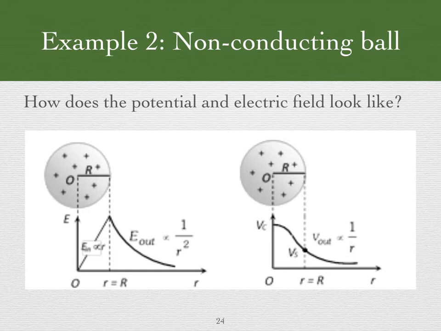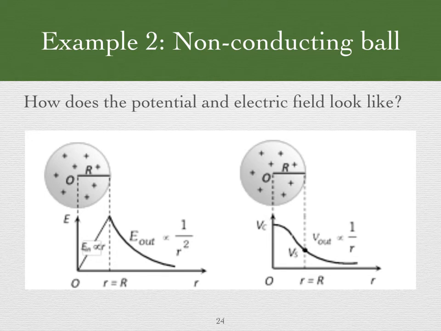But inside the ball, you can see the potential keeps increasing as we move from the surface of the ball to the center. It takes a lot more energy, a lot more potential, to move the charge from the surface to the center, because the charges don't move and there are a lot more of them in the center. Because of that, the electric field inside this insulating ball will also increase linearly from 0 to the radius.